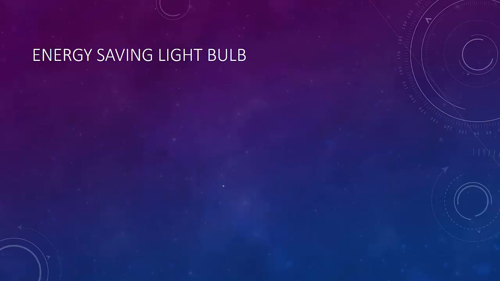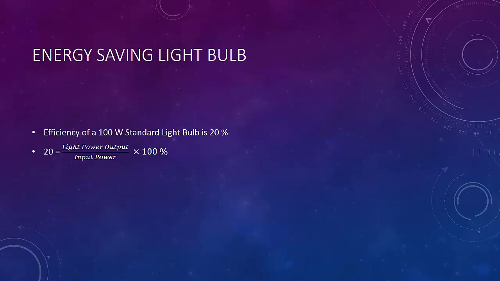So coming back to the energy saving light bulb, let's say the efficiency of a 100 watt standard light bulb is just 20%. You substitute in, and the input power is 100 watts. So you find that the light output is simply 20 watts because it's 20%.